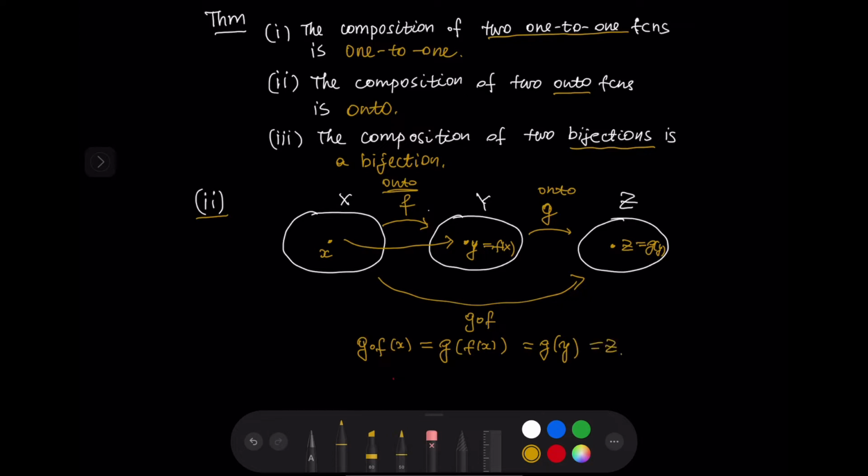So for this point z in the set capital Z, there exists a point x in the set capital X such that g composed with f at x is equal to z. But that means precisely that the function g composed with f is onto. So this is not a formal proof, but rather an illustration of the statement II. I hope that this illustration was helpful.